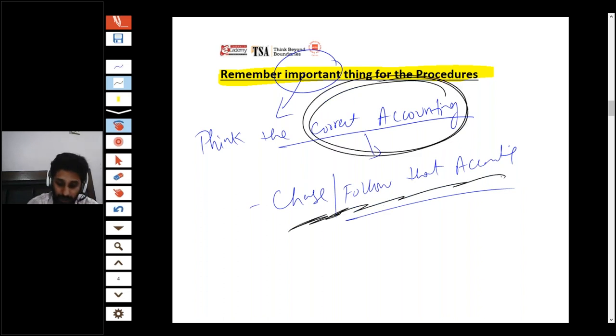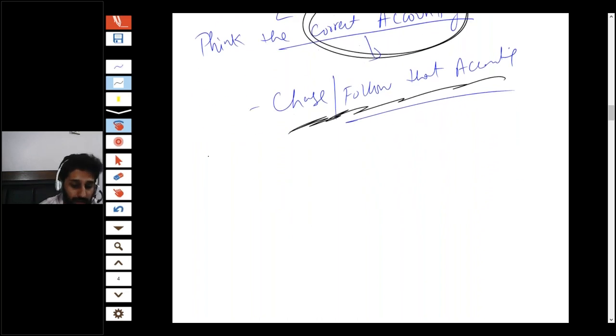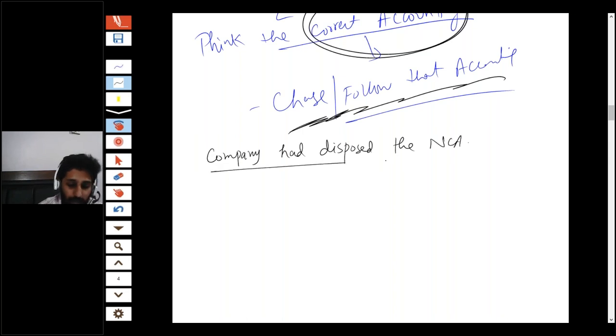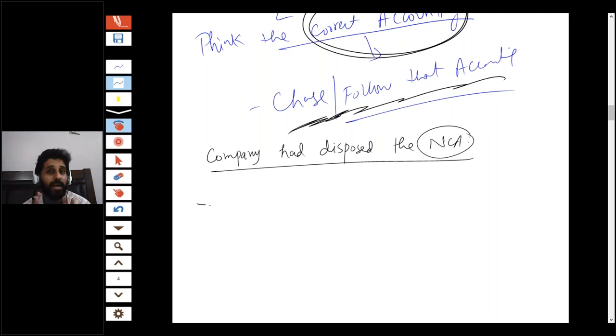Let's say for example, if it is written that the company had disposed the NCA, the non-current asset. So what would be the well-structured procedure?